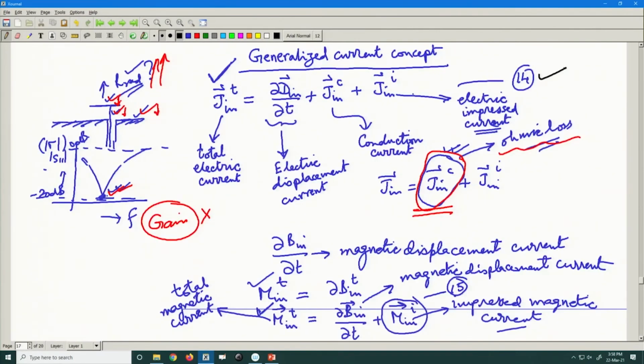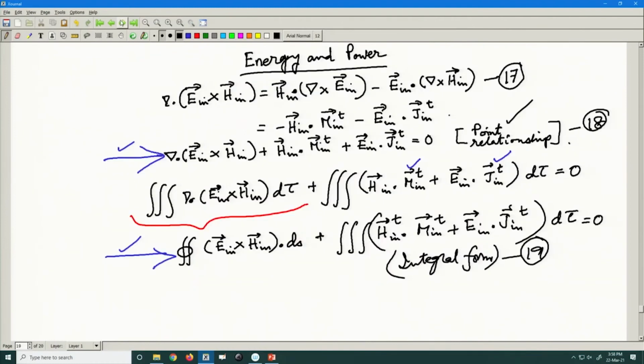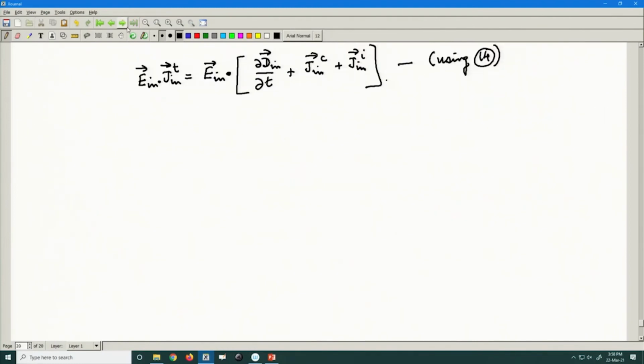Now I can write this using the constitutive relationship as epsilon E in, this I can write as sigma E in, and this I can write as J in i.